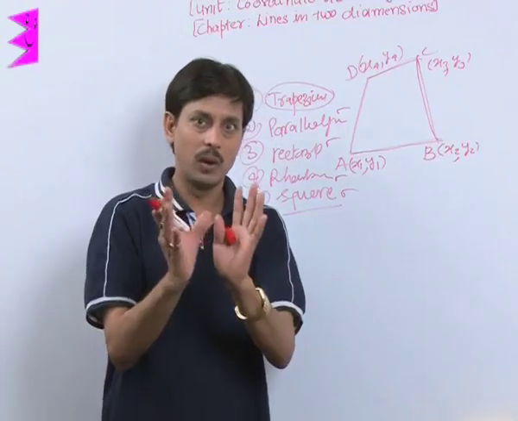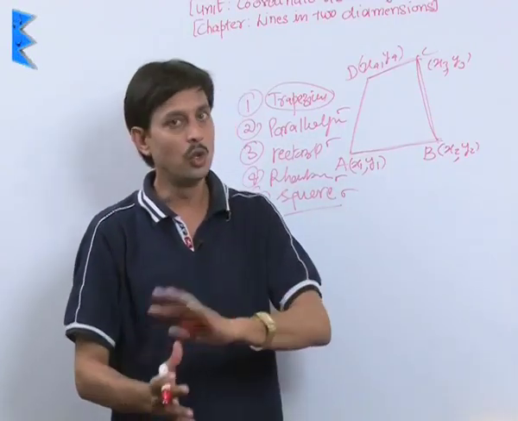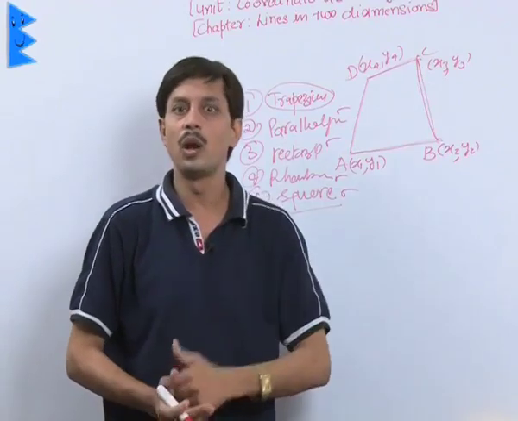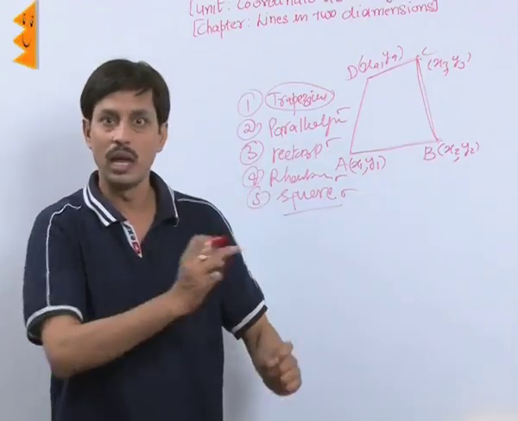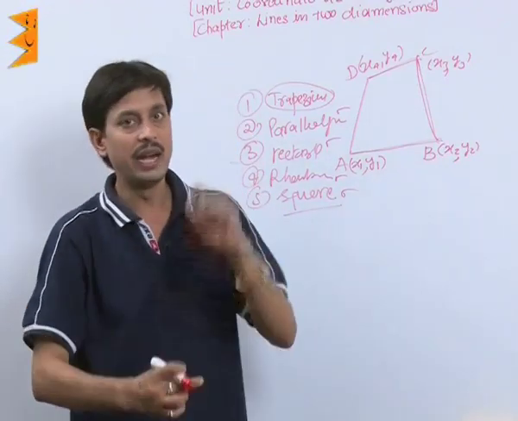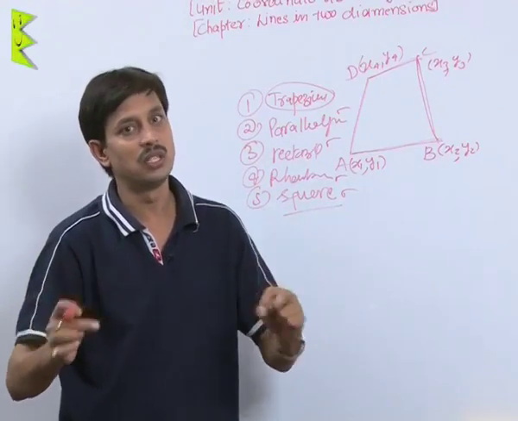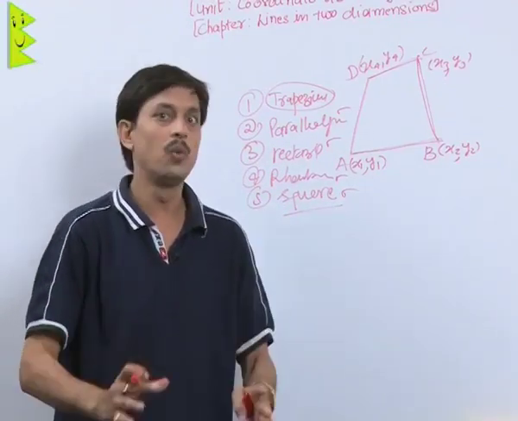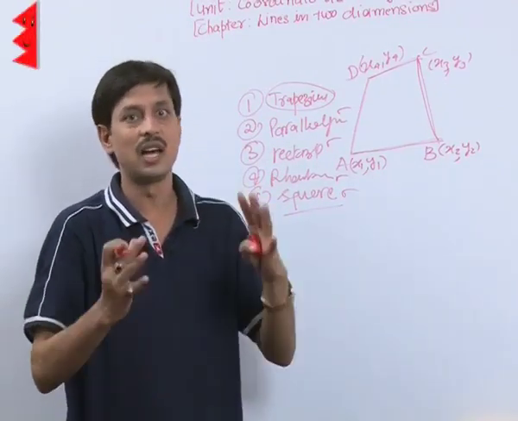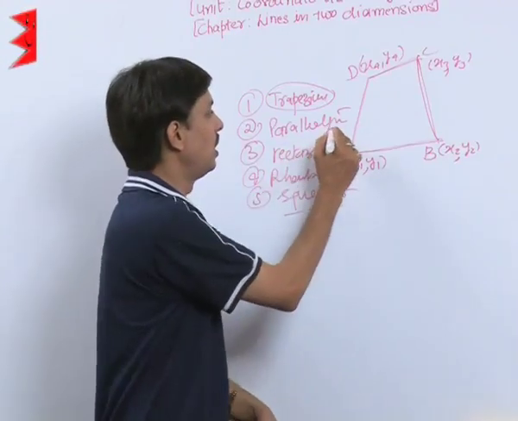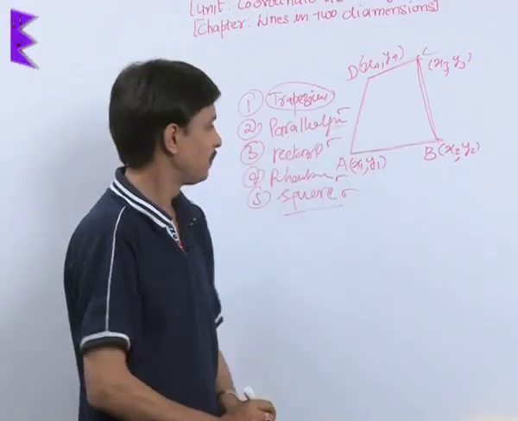So whenever a quadrilateral is given and you want to check whether it is a parallelogram or not, first calculate all four distances and check whether the opposite distances are equal. If you find the opposite side lengths are equal, that is a parallelogram. First property.